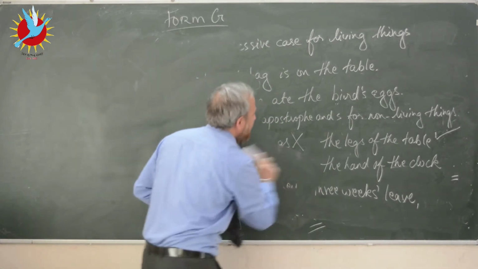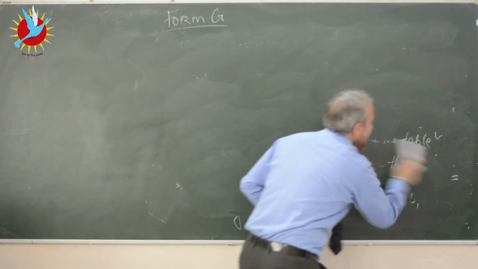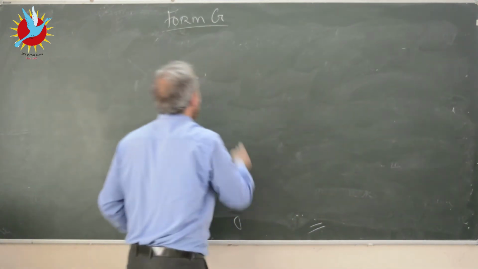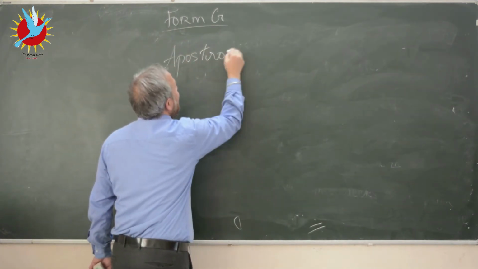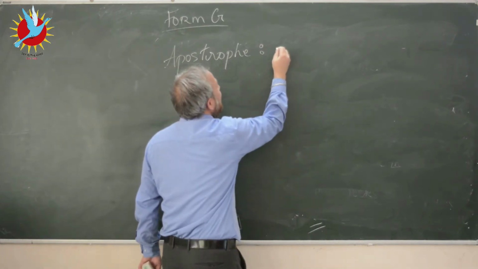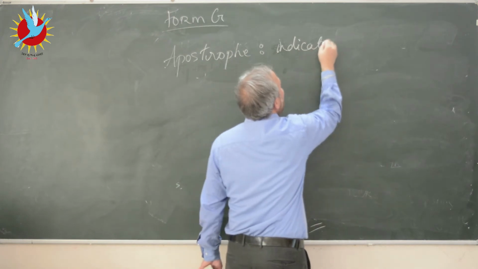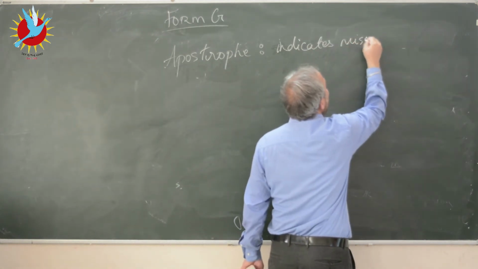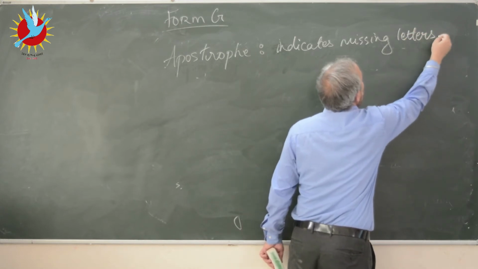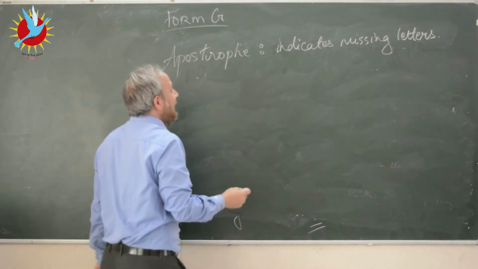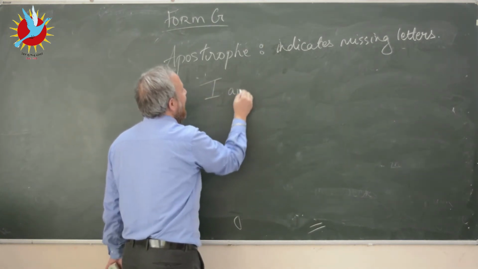And just before we finish, there is something that I want to tell you. There is another use of the apostrophe, kids. The apostrophe indicates missing letters. So how does it work? It works like this. Let's say I am.